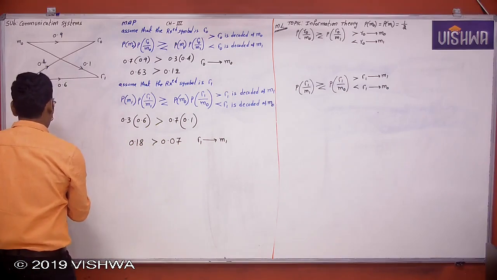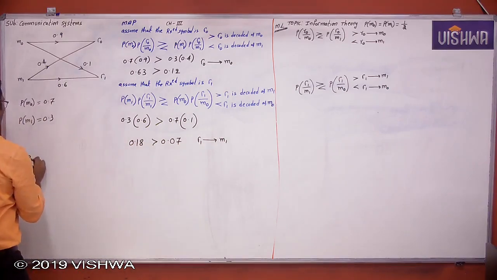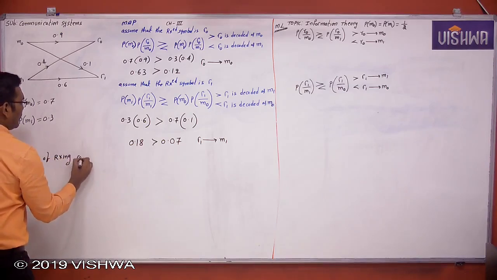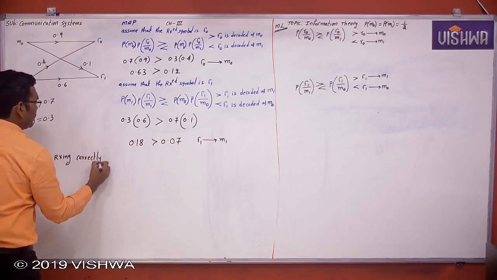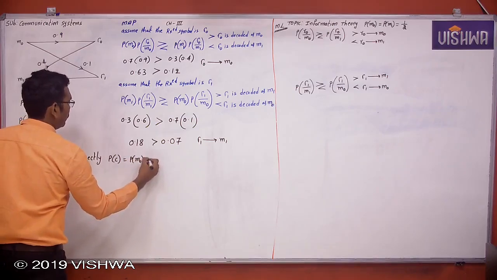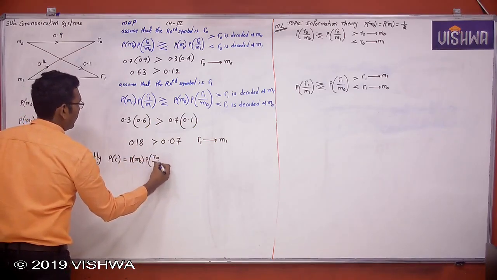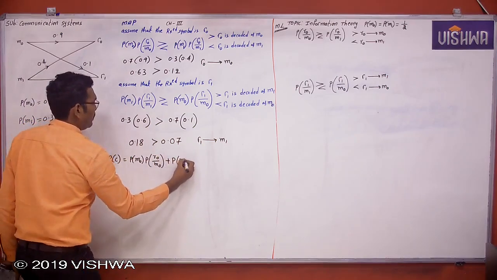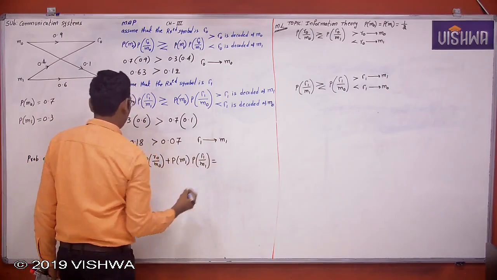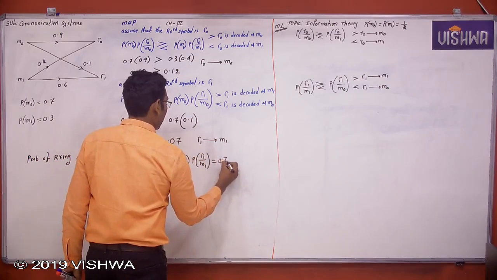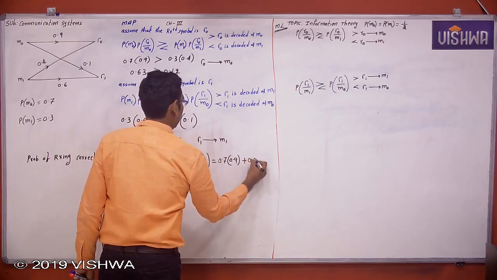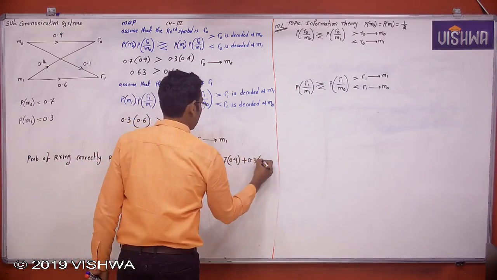Therefore, probability of receiving correctly, first I will check that, is equal to P of M0 into P of R0 by M0 plus P of M1 into P of R1 by M1, which is equal to 0.7 into 0.9 plus 0.3 into 0.6.